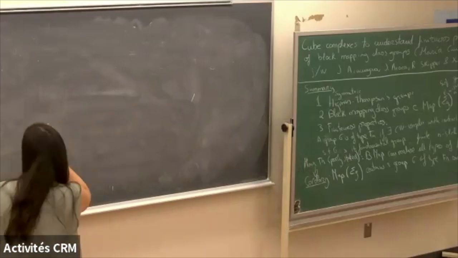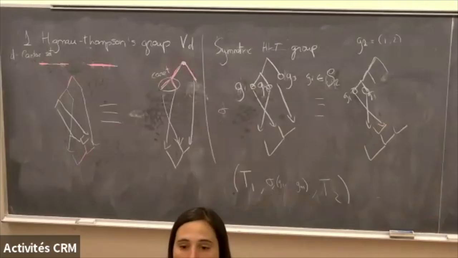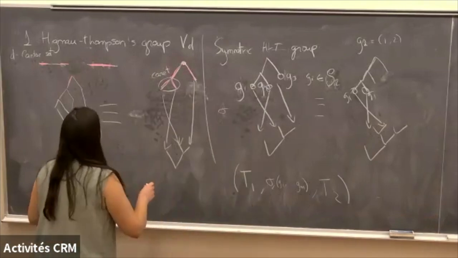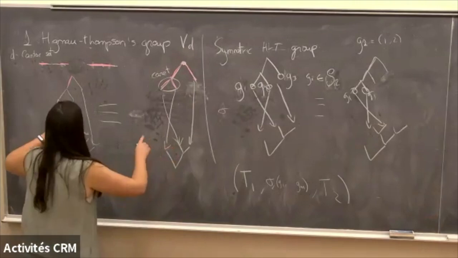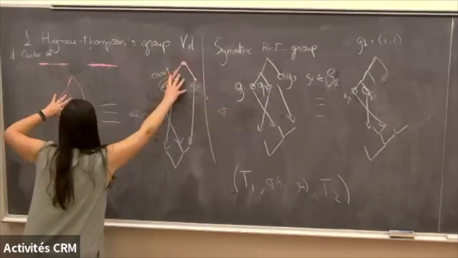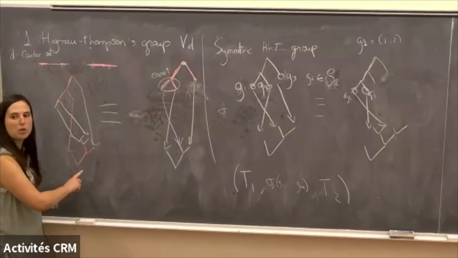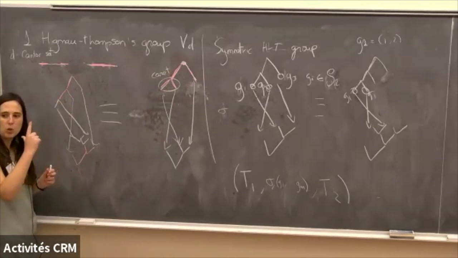Very good. So block mapping class groups. How do you compose these 2 elements? Oh, yeah, that's a very good question. If you have 2 elements, you put one and another, and then you can find a minimum common multiple.